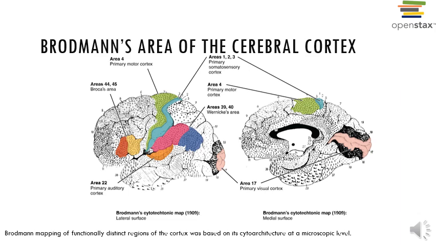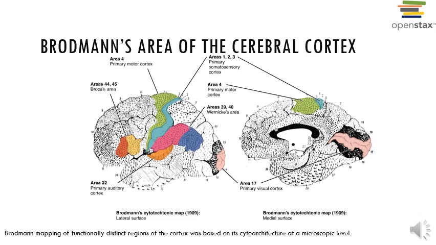He took a look at the microscopic structure of different areas of the cerebrum, and in doing so, he had to make thin microscopic slices, stain those slices, and study the neurons and see how those neurons were organized. To make a long story short, after many years of work, he identified 52 distinct anatomical regions of the cerebral cortex. And those areas were based on the neurological structures present. That is the organization of the neurons.